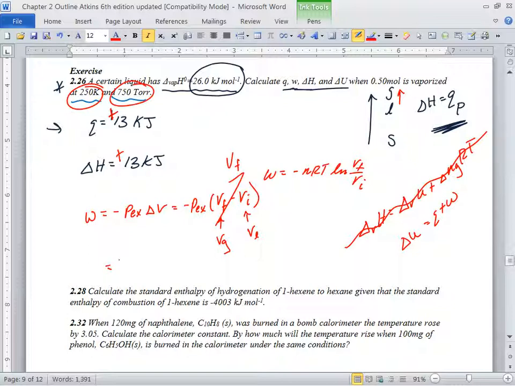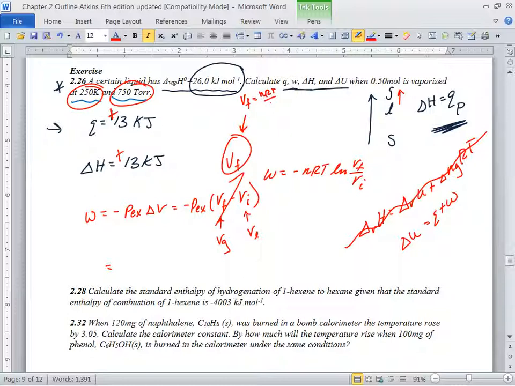Your volume's getting bigger. So this final pressure is 250. There's your temperature. You can calculate the volume using the ideal gas law, right? That gives you work, and then you can get delta U with Q plus W, right?